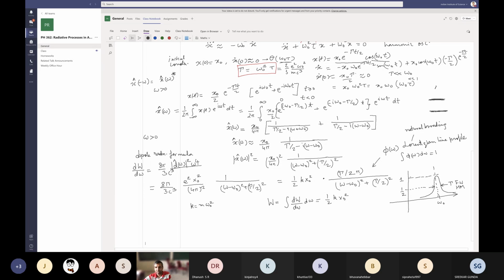So delta E delta T has to be greater than or equal to h by 2 pi. Because of a finite temporal width, there's also a finite spectral width for these lines. So this is the well-known Lorentz profile for spectral lines.